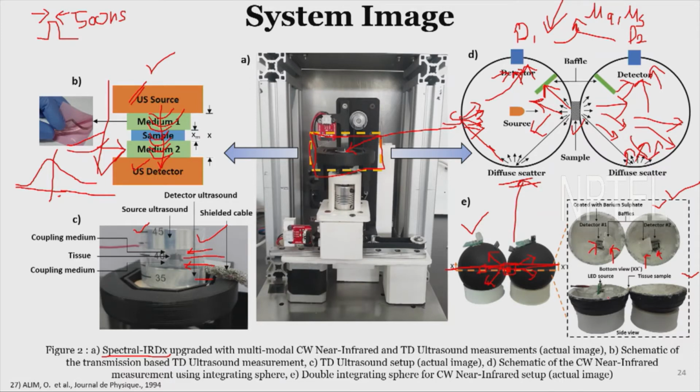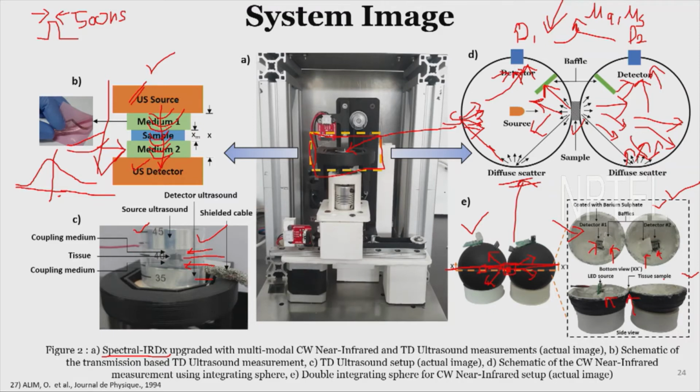What you see over here is the LED light, and this is the tissue sample. You can see that the inner surface of this integrating sphere is coated with barium sulfate.